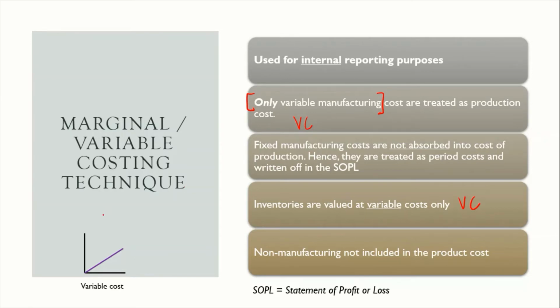Okay, based on the graph here, as well as in our earlier chapter, it is the cost that change due to the change in production unit. Okay, so it moves the same as the unit produced, the cost itself.